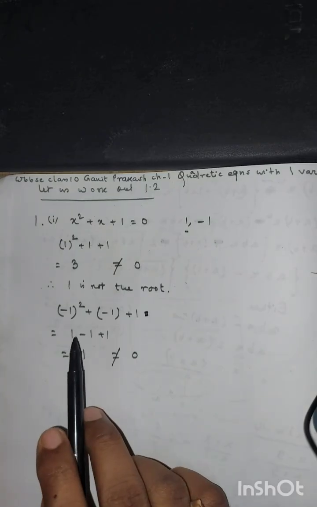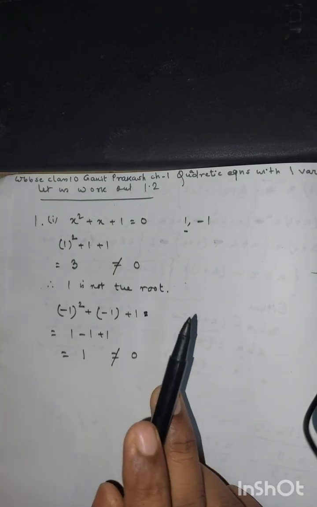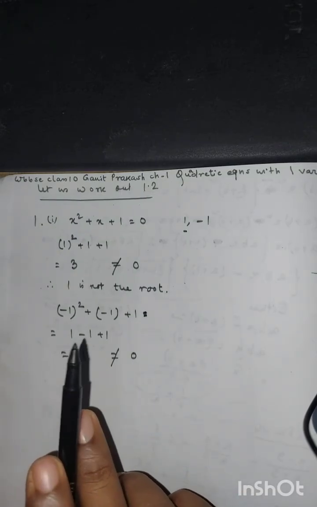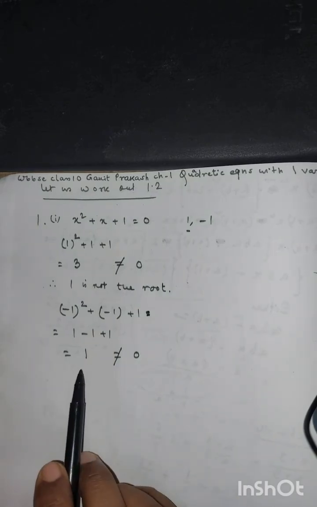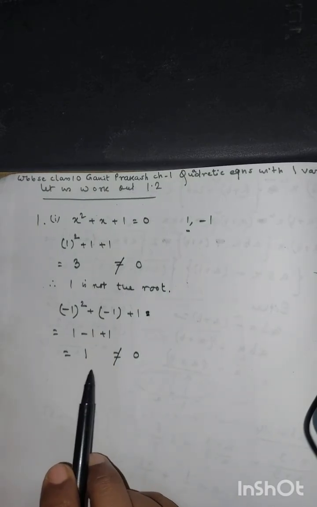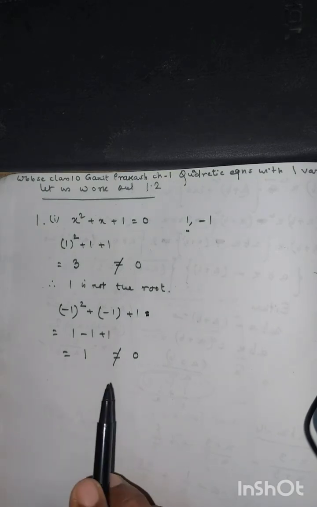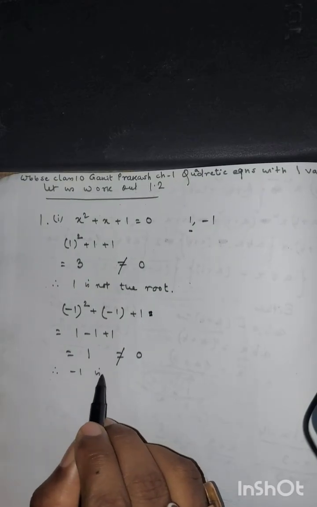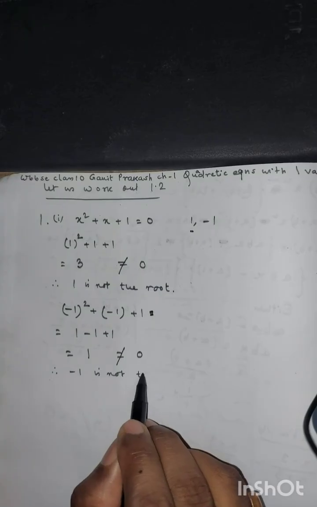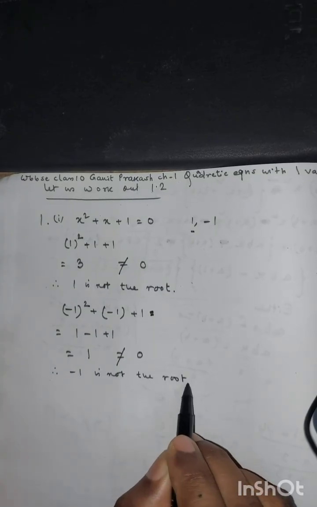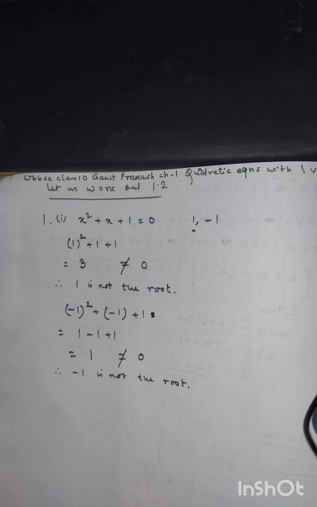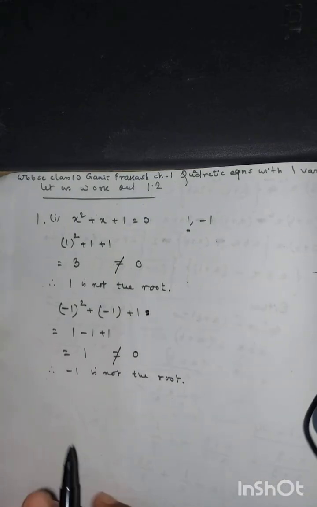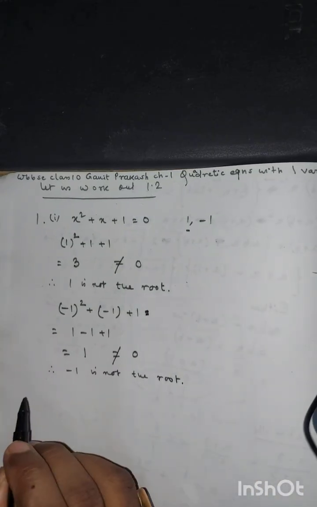We have put the value of minus 1 in the left hand side in place of x, so we are getting 1, which is not equal to the RHS. Therefore minus 1 is not the root. So 1 and minus 1 are not the roots of this equation. Now let us proceed to our next question.